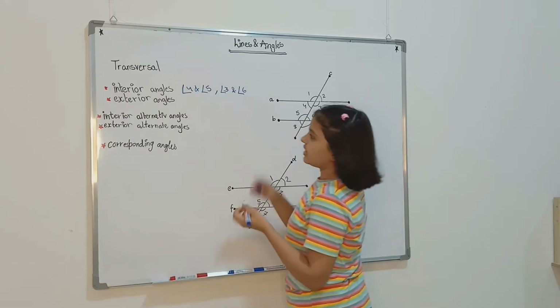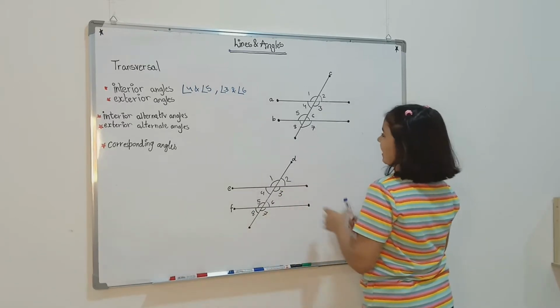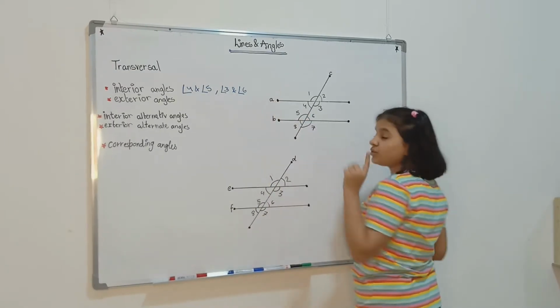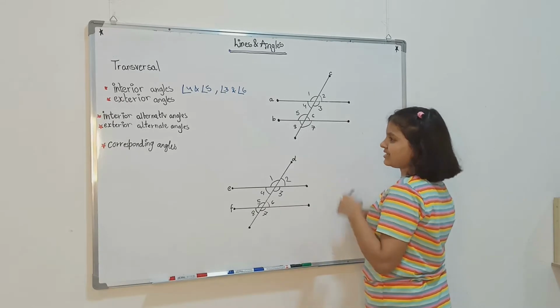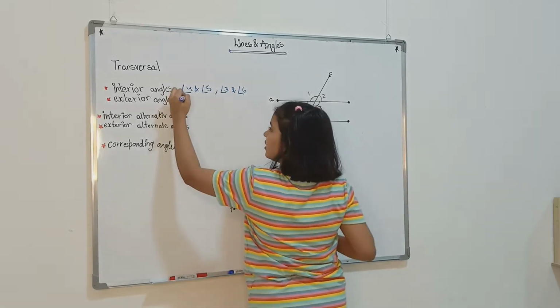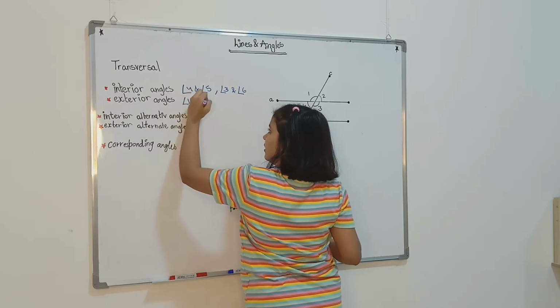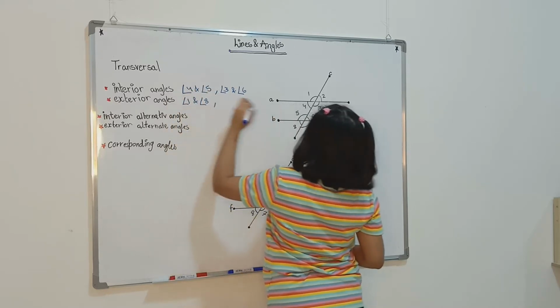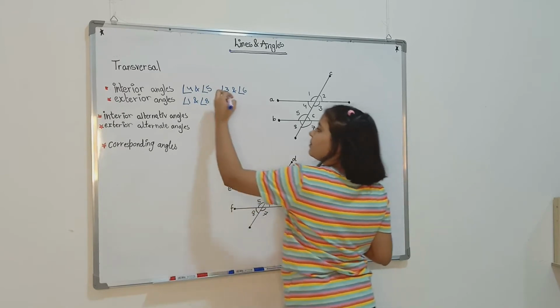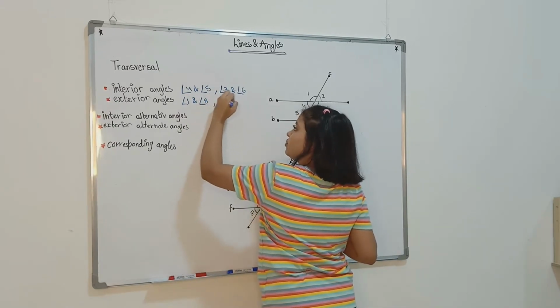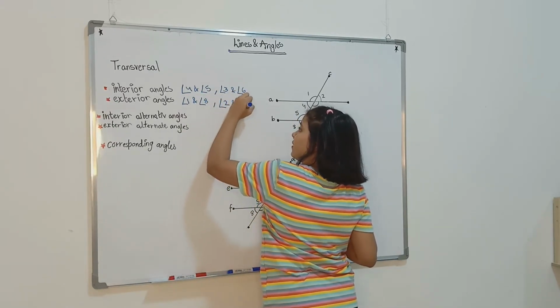Next are exterior angles. So what are exterior angles? Angles which are on the outer side of the two lines are known as exterior angles. For example, angle 1 and angle 8, angle 2 and angle 7.